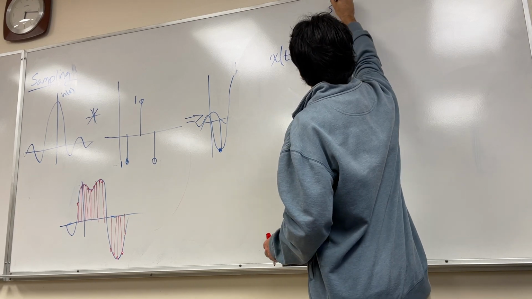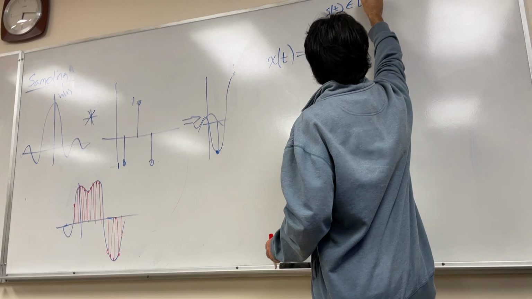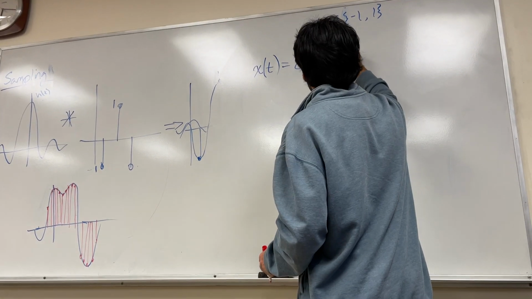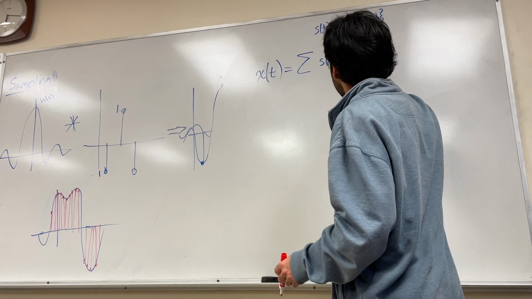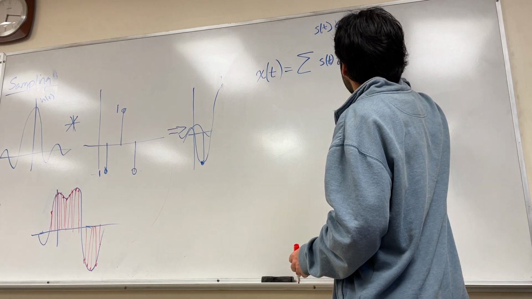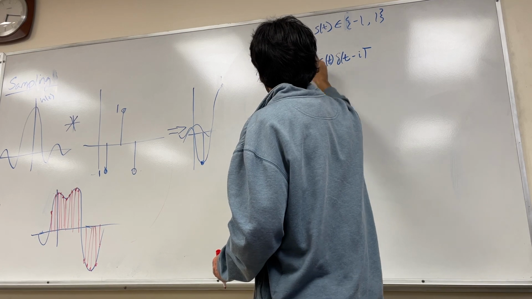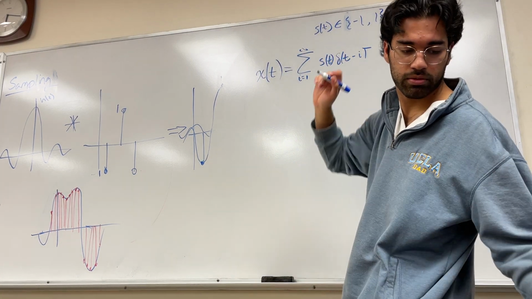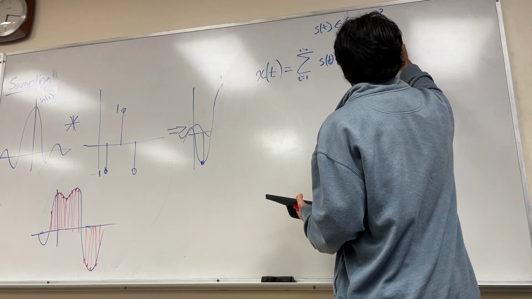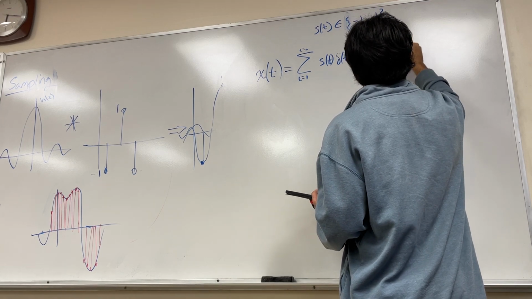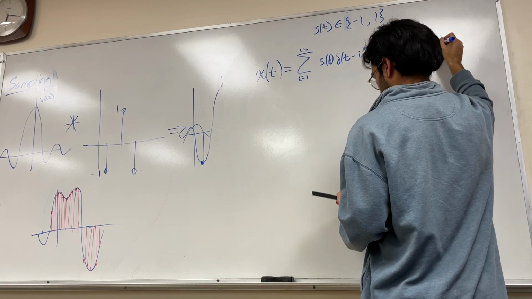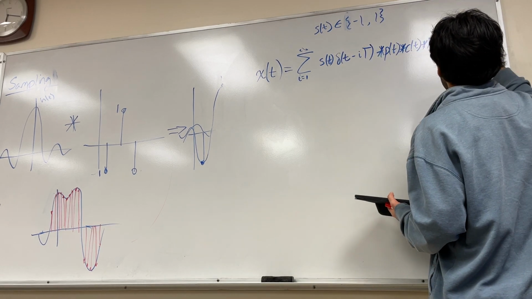So S of t is either in the set of -1, 1, times delta of t minus lT, convolved with your pulse filter, the channel, the receive filter, and there's also noise introduced in between.